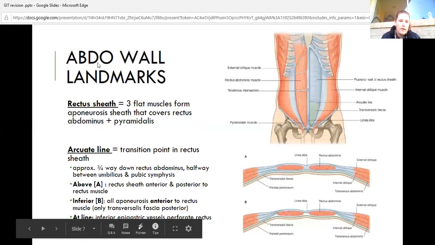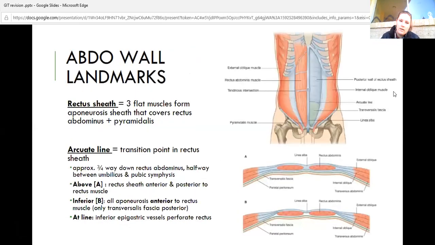And the important landmark is your rectus sheath. That's formed by the aponeurosis from the three flat muscles on the sides that cover the rectus abdominis muscle in the middle. About 3/4 of the way down the sheath is the arcuate line, a transition point.